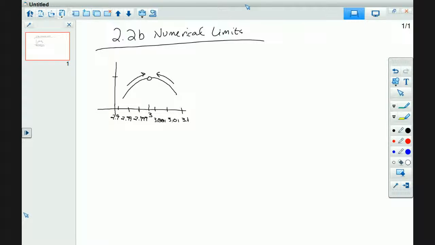So the one I want to look at first: we're going to take the limit as x approaches 0 of sin x over x.